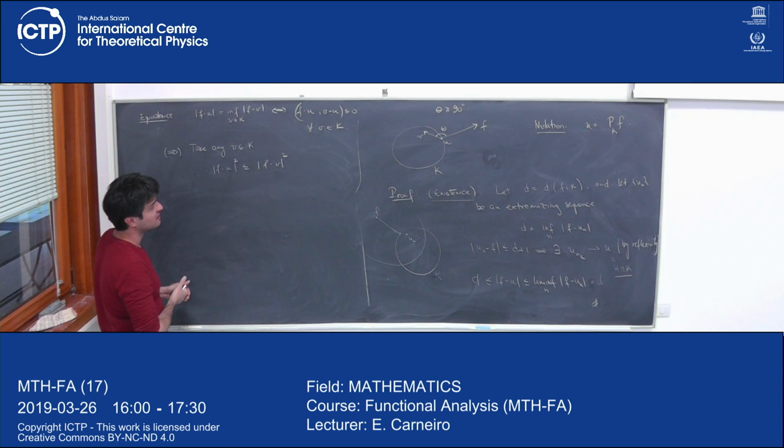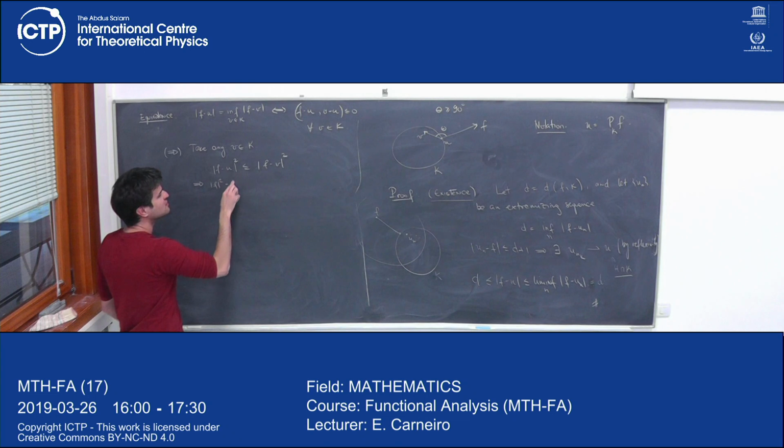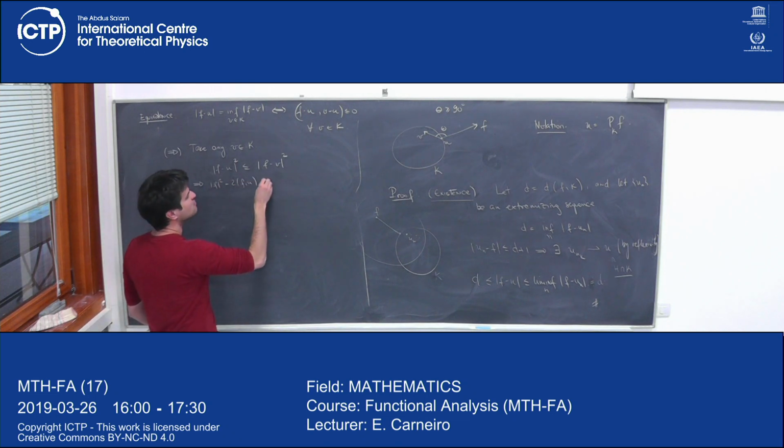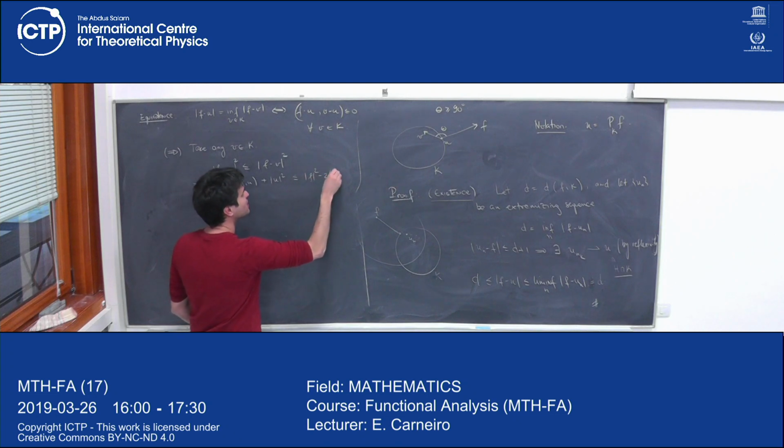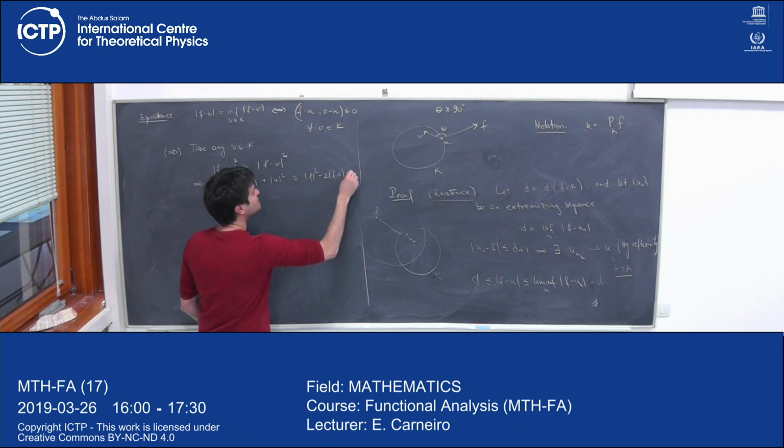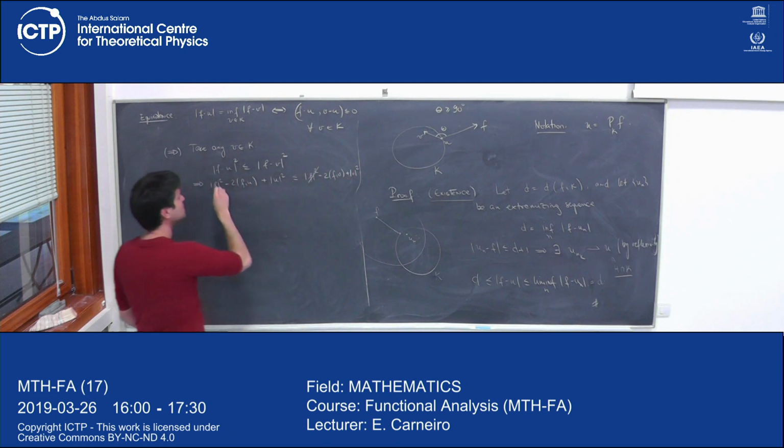Let's see. What's this condition here? You get F squared minus 2FU plus U squared, maybe I'm wrong, less than or equal to F squared minus 2FV plus V squared. So the F squares cancel.